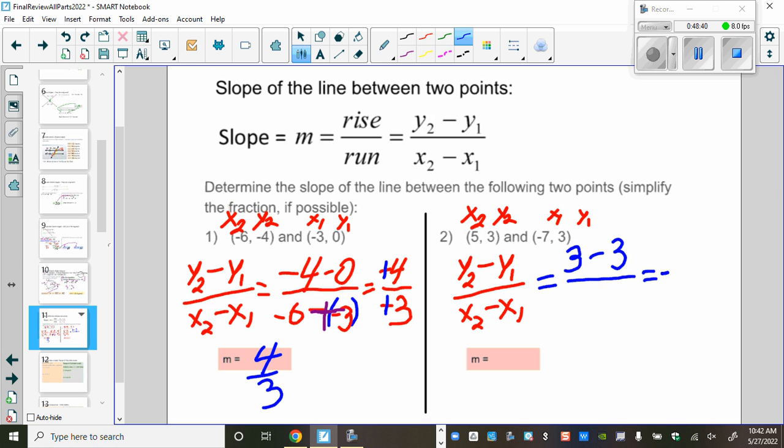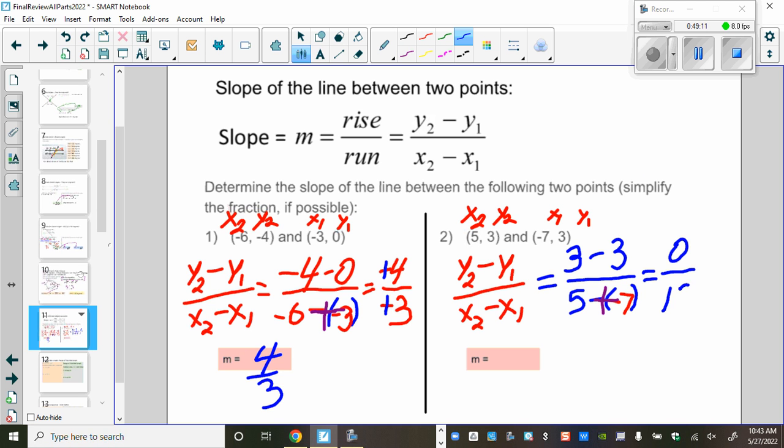What's 3 minus 3? What about our bottom? 5 minus -7. You put parentheses around the -7. Very good. Yep, so that negative is going to turn to a positive. So what's 5 plus 7?